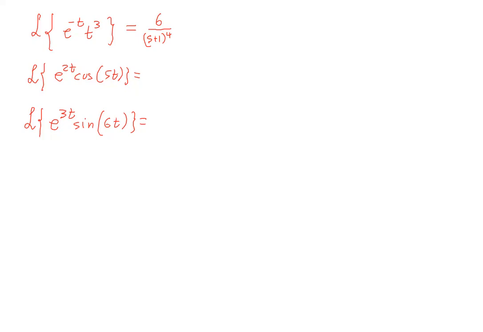The second one is going to be s minus 2 over (s minus 2) squared plus 25, right? You do it as if you had just cosine of 5t, and you replace s by s minus 2. And the last one is going to be 6 over (s minus 3) squared plus 36. And that's it.